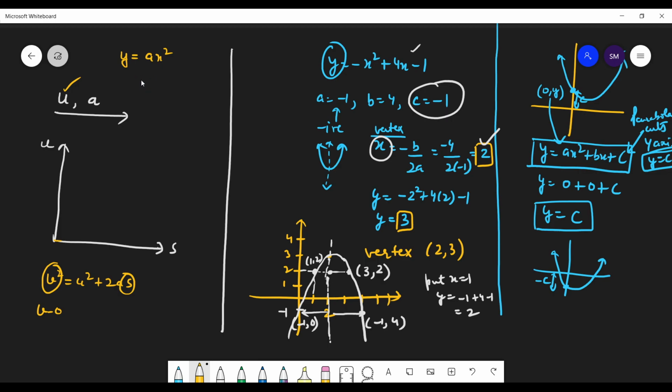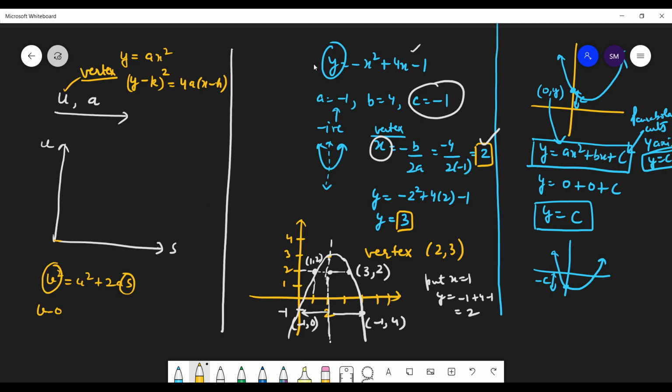So how can you write it in another form, which is a perfect square form? Y minus k whole square is equal to 4a into x minus h. This form is known as vertex form. What form is this?